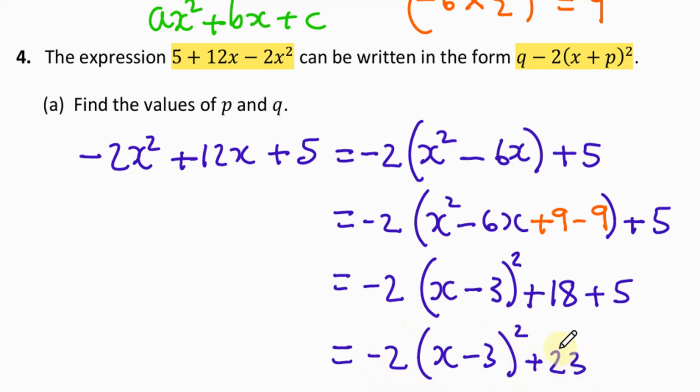Now we can compare what we have here to this completed square form. We need to find the values of p and q. So p is what's inside the square brackets here, or the brackets squared. However, here we have x plus p, and here we have x minus 3.